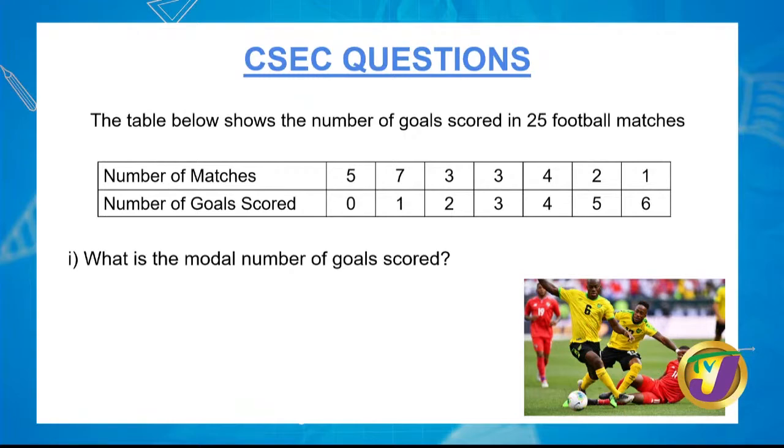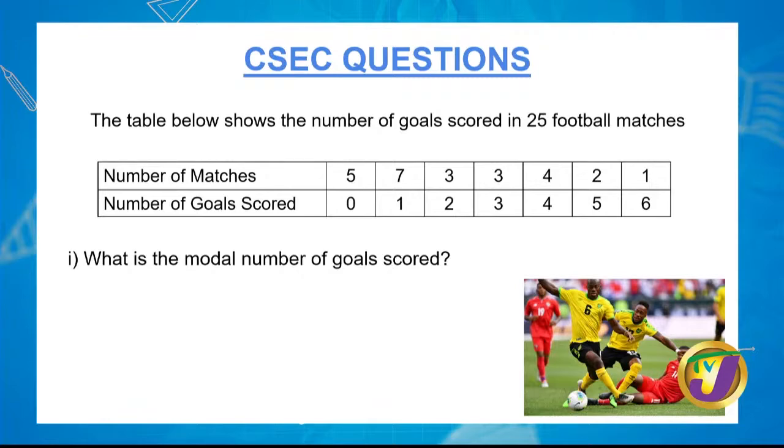So, what is the modal number of goals scored? We're trying to look for the highest frequency first because we're looking for a modal value. So that is the first thing we're trying to pick up, the highest frequency. And we're saying the number of matches gives us the frequencies. Therefore, I'm seeing the largest value to be 7.